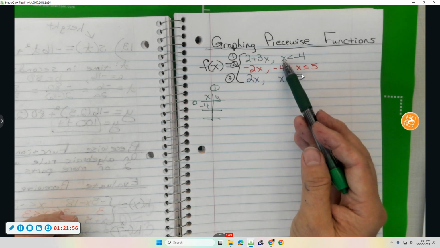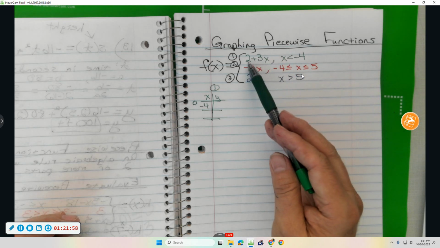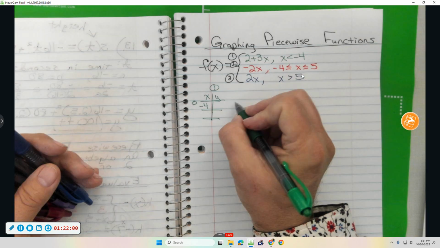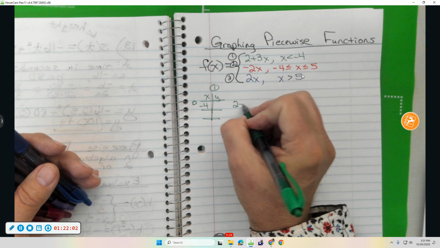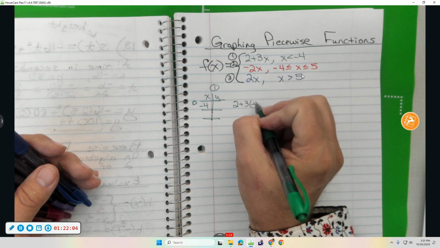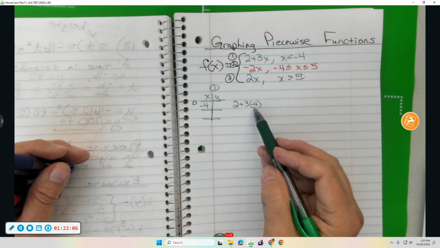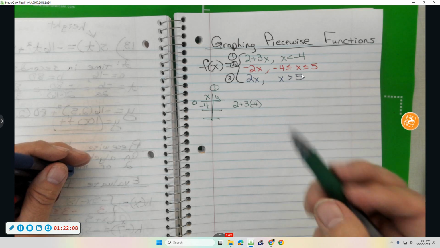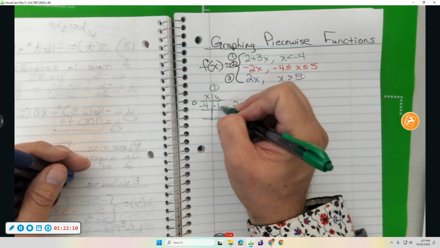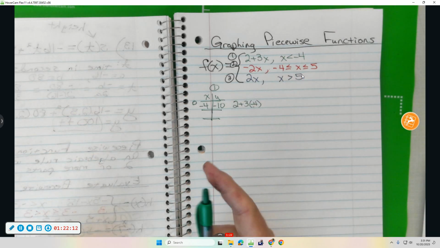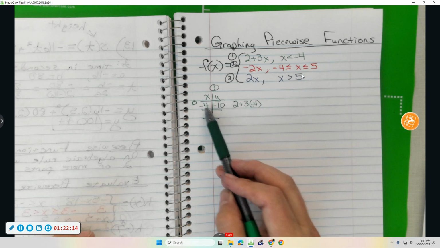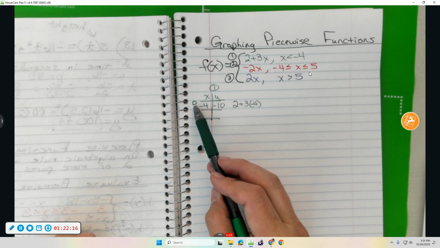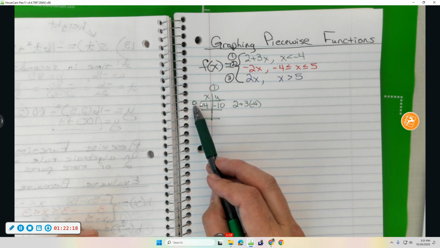Next, plugging in the -4, we get 2 plus 3 times -4. That's a 2 plus a -12, which gives me a y value of -10. Now this first point is a cut point. It's going to be labeled with an open circle when I'm drawing the graph.